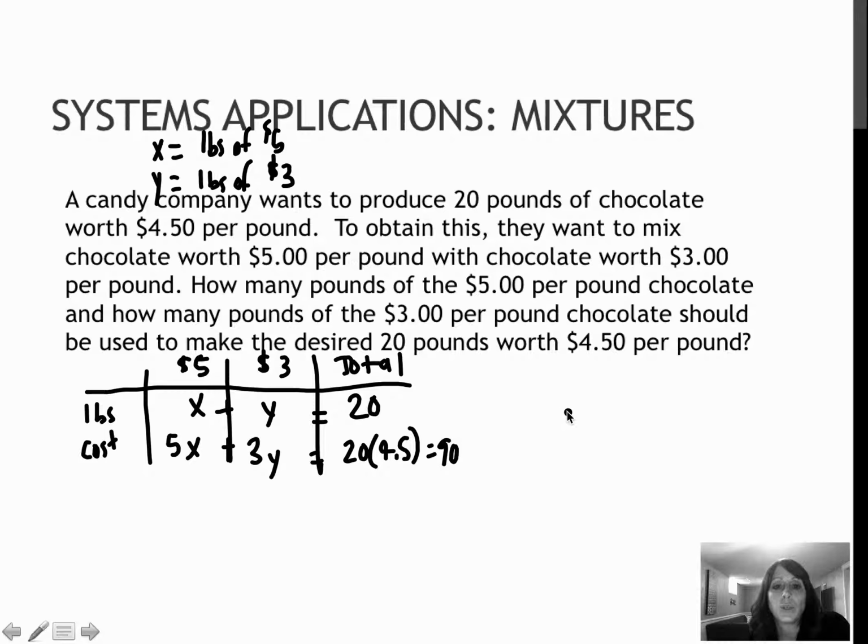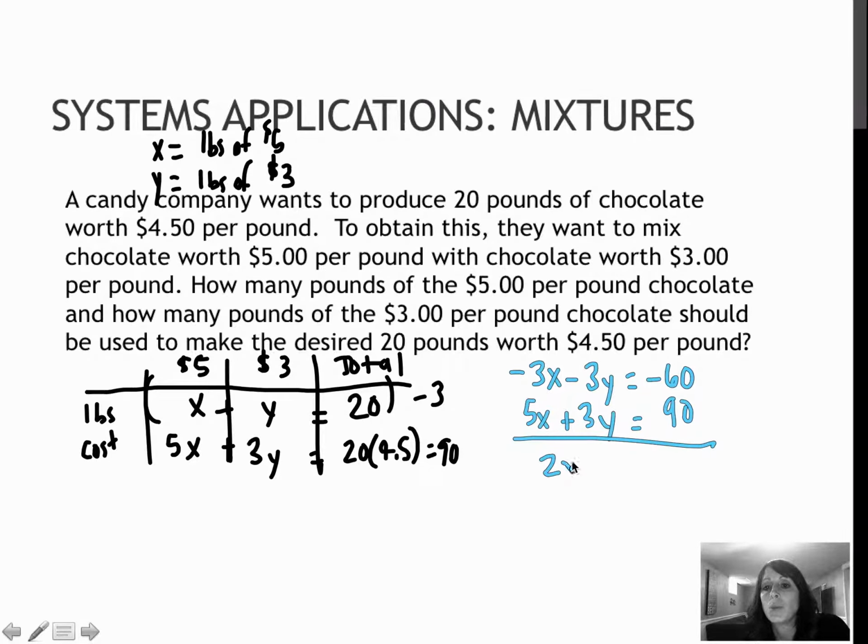I'm going to choose to take that first equation, all times -3, so that I can eliminate my Y's, which would give me -3X minus 3Y equals -60, and recopy 5X plus 3Y equals 90. That gives me 2X equals 30, so X is 15.